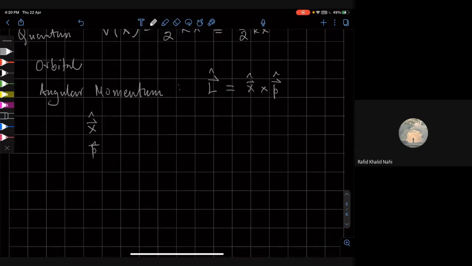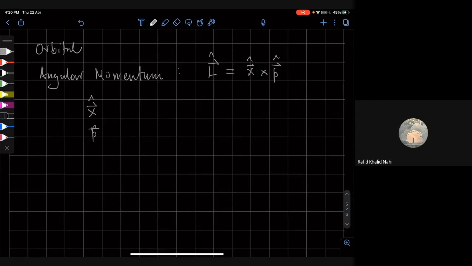Okay, let me just tell you. So suppose that you have a vector in space. Suppose this is the vector x. So this is x, this is y, this is z.